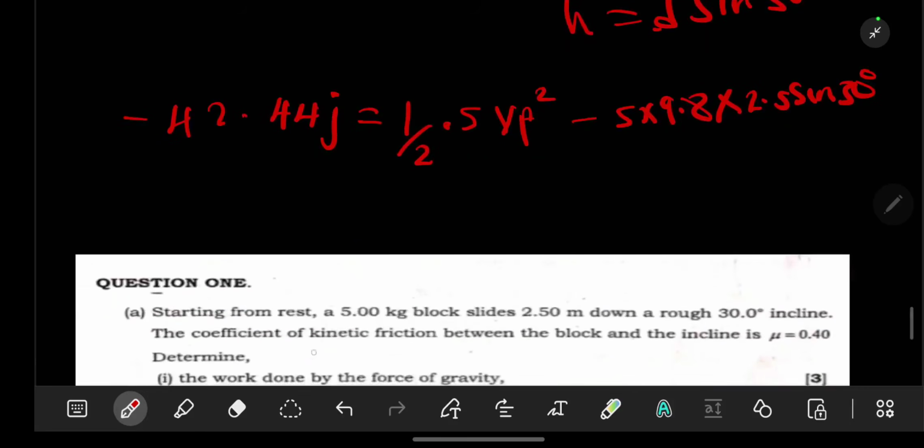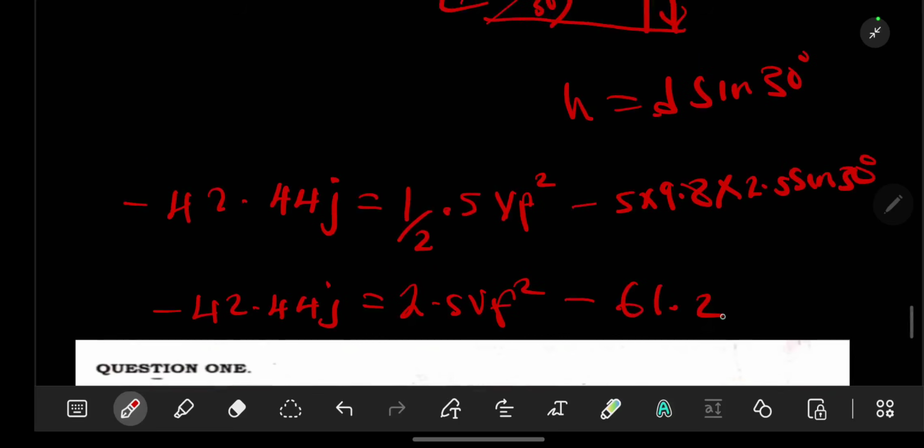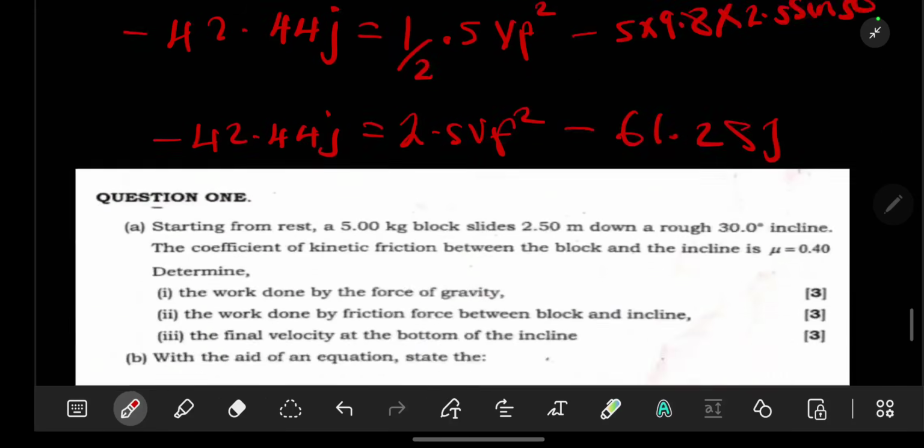So we have negative 42.44 joules equal to half times 5, which is 2.5 v final squared, minus 5 times 9.8 times 2.5 times sine of 30, which gives us a value of 61.25 joules.